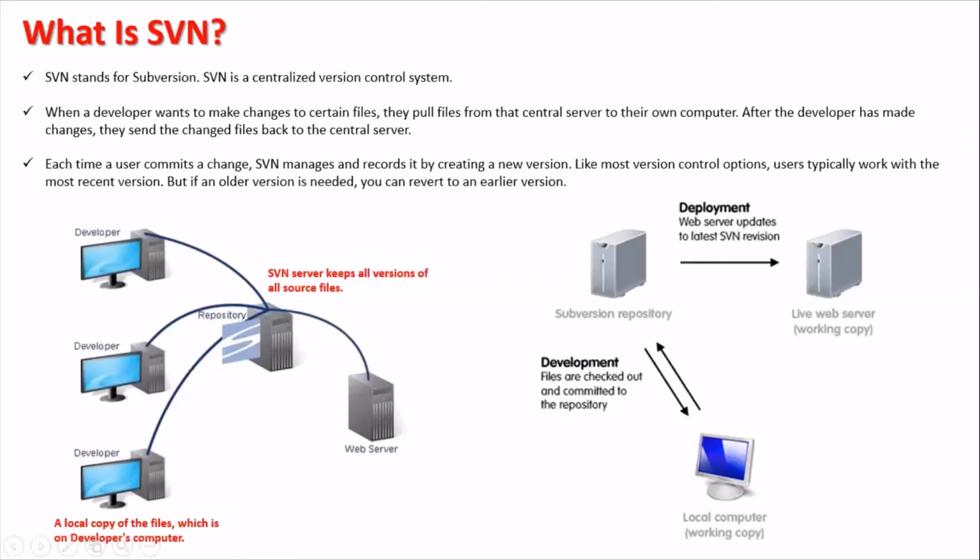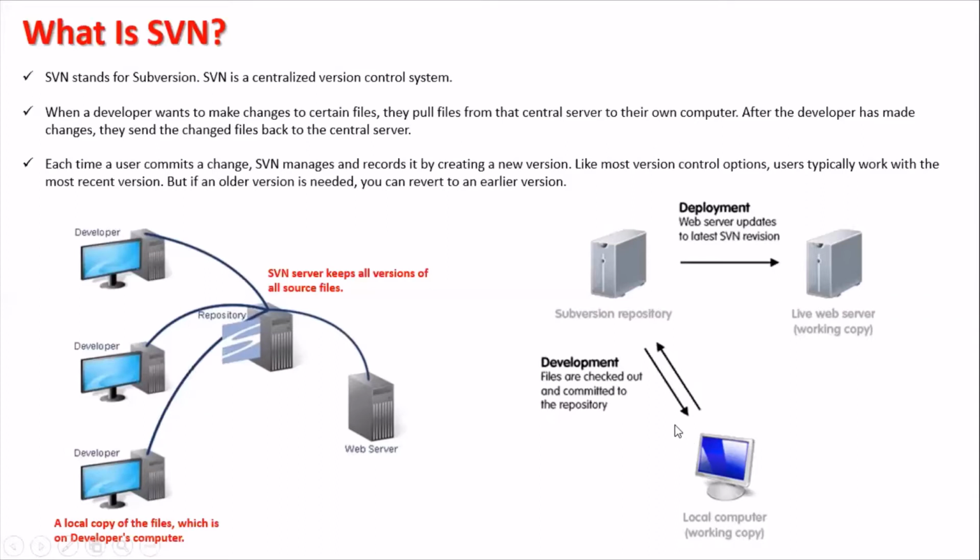But suppose he requires an older version of the project, he can retrieve it from the SVN server. And what about the web server? It pulls the latest version available from SVN. So you can see here, the local computer has a working copy on which the developer is working.